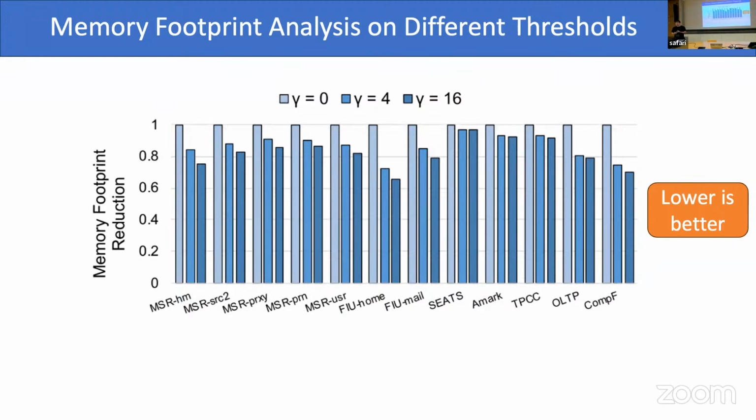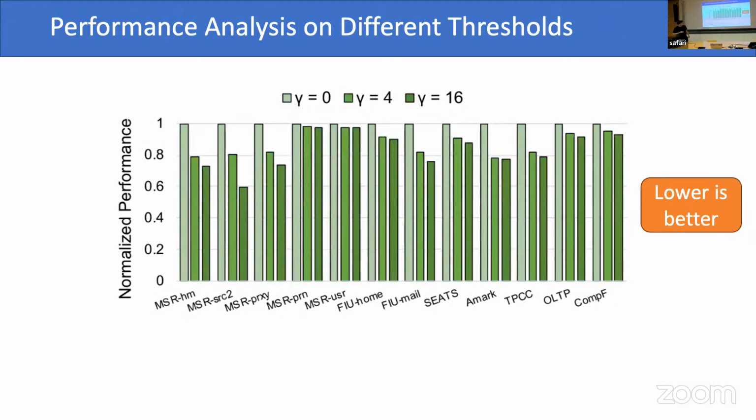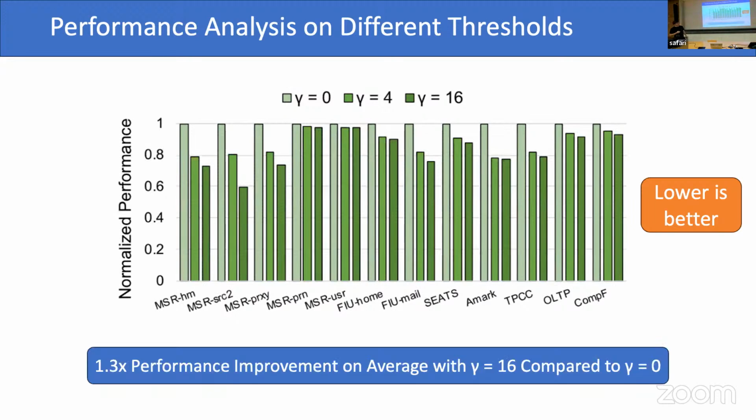We have only accurate segments, while on gamma equals 4 and gamma equals 16, we have approximate segments. In this case, we see that we have a 28% reduction on average with gamma 16 compared to gamma equals 0. This is basically the same graph, but for normalized performance. And also in this case, the lower the better, and it's 1.3x performance improvement on average.